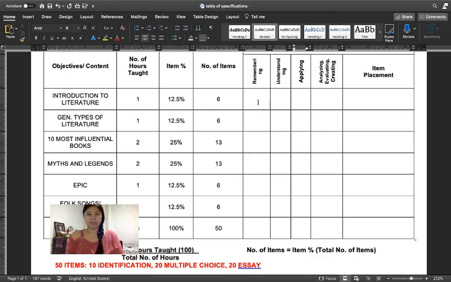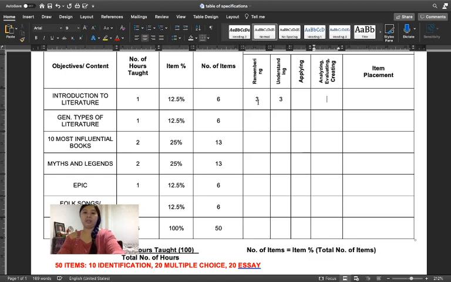But let's see. For example, you have 2 items for remembering, wherein they will try to remember what is the concept of literature, the elements of literature, so remembering, understanding, and then maybe let's just change this with 3, 3.